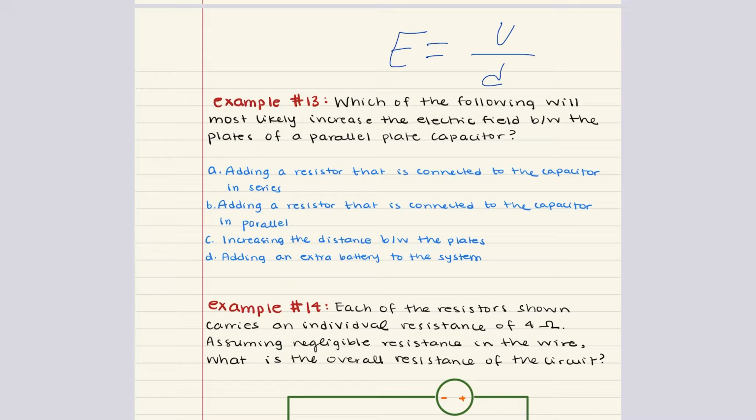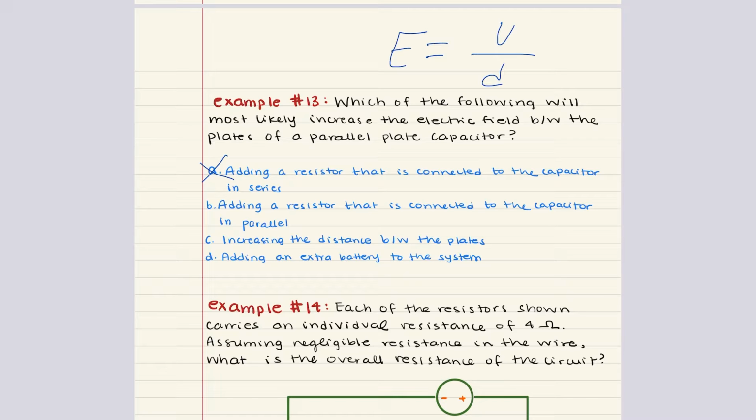Adding a resistor in series with the capacitor would not directly affect the electric field between the plates. Resistors do not increase the voltage applied to the capacitor, but rather they limit the current in the circuit. Since the electric field depends on the voltage applied across the plates and not on the resistance, this option is not going to increase the electric field.